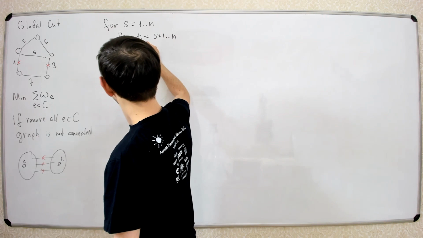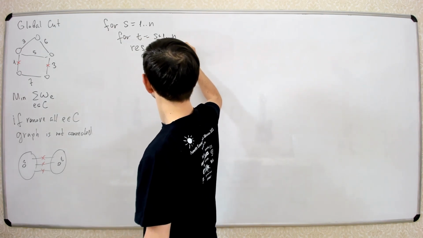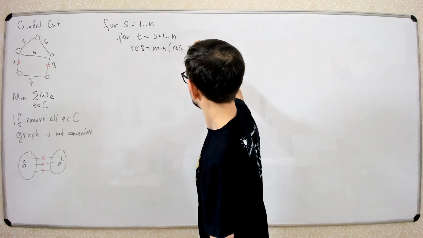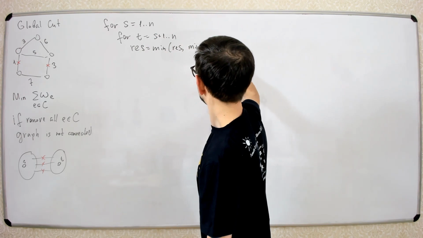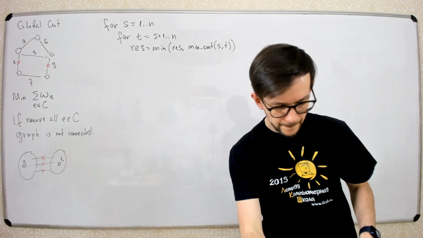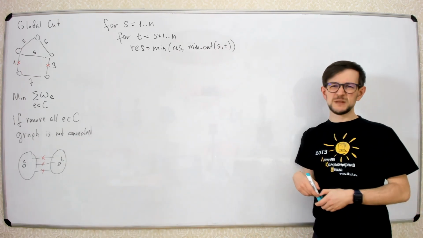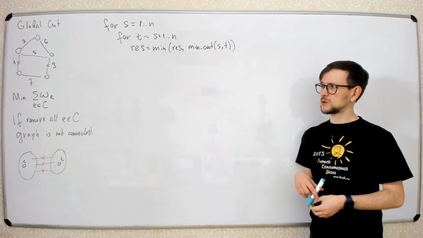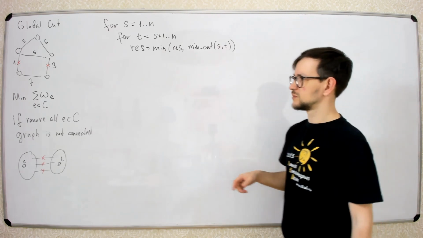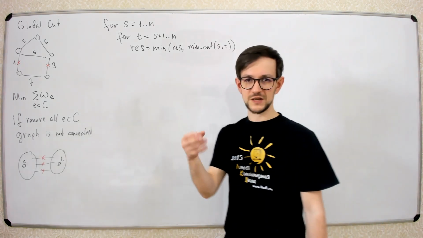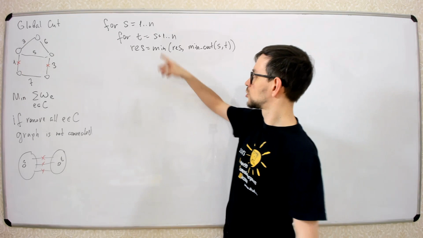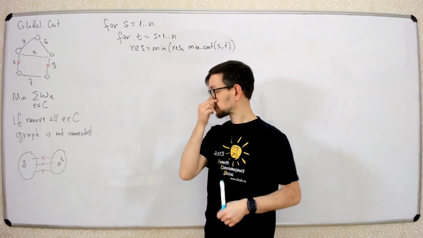So we will just update the result with the minimal cut between S and T. No, we cannot simply reduce the problem to the minimal cut problem, because we want to find specific nodes S and T, right? You cannot just make all the nodes S and make all the nodes T, because the problem is you want to find the maximal flow between two specific nodes, right?